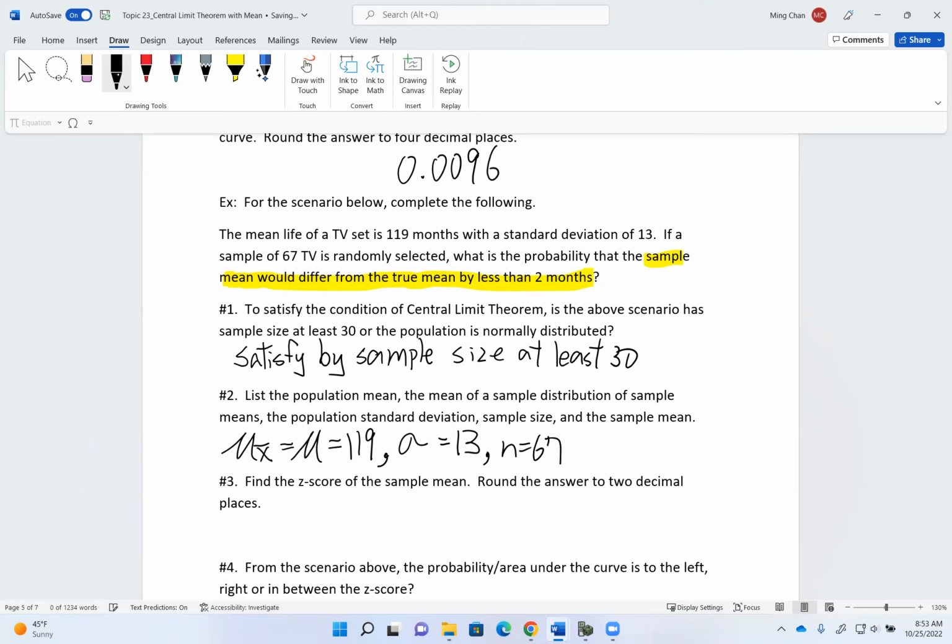So what sample means do I need to convert? That's what this "differ from the true mean by less than 2 months" means. Most people will say less than 2 months would be 117 months. That's true, but that's only half of it. It's really saying it differs by 2 months, so that's 2 months less and 2 months more.